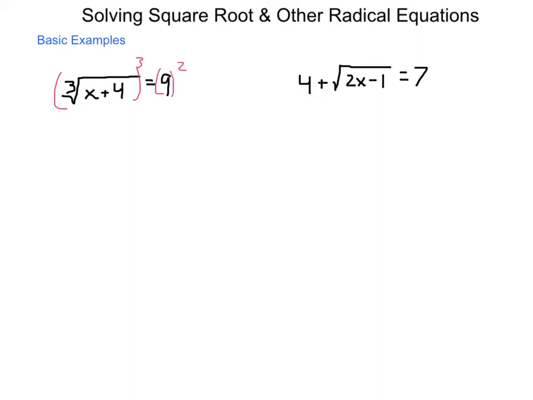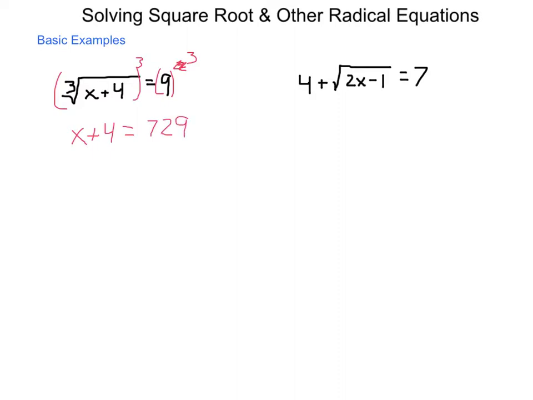Now what that does is it eliminates the root on the left side, so I end up with just x plus 4 equal to 9 to the third power, which is 729.